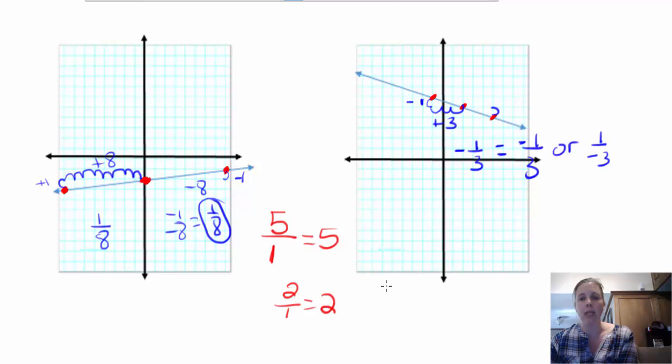If you have something that is 5 over 15, whoops, then you need to reduce it to 1/5. But if it's a whole number, you can leave it as a whole number over 1 or just a whole number. When we use this to graph, we need to remember that a whole number is over 1.